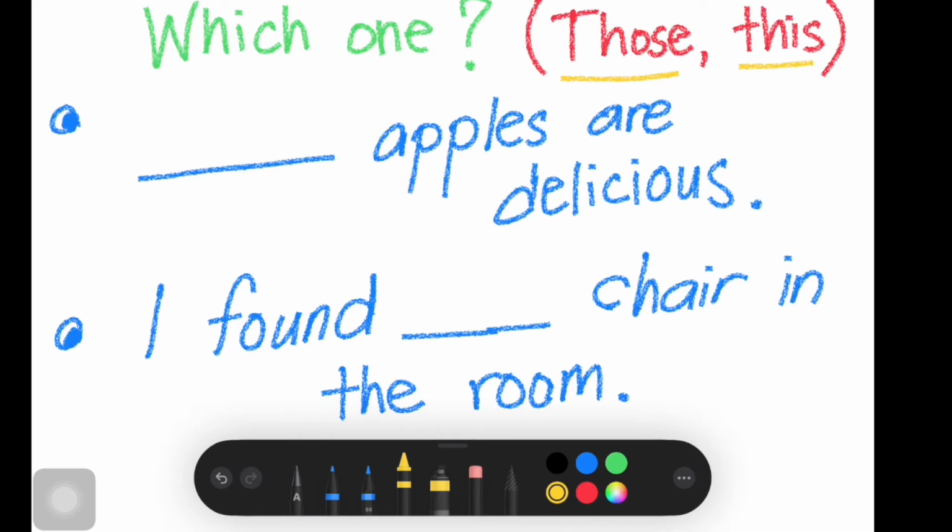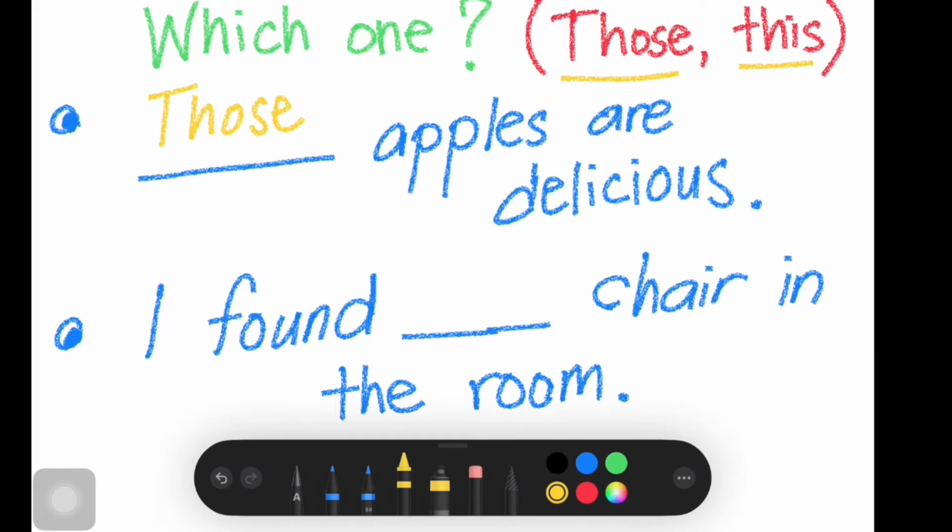So which one do you think is the correct answer? Blank apples are delicious. So the correct answer there is those. Those apples are delicious. Okay, so that's an adjective. It tells you which one of those apples are delicious. So when you say those, it means there are many of them.